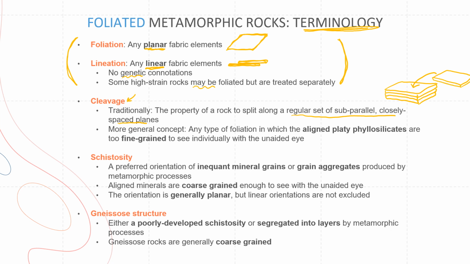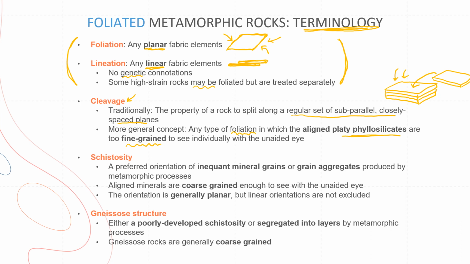That's basically what cleavage is traditionally. And for metamorphic rocks, the more general concept is basically any type of foliation. So our good friend, the planes in foliation, where aligned platy phyllosilicates are too fine-grained to see, which results in this type of foliation.